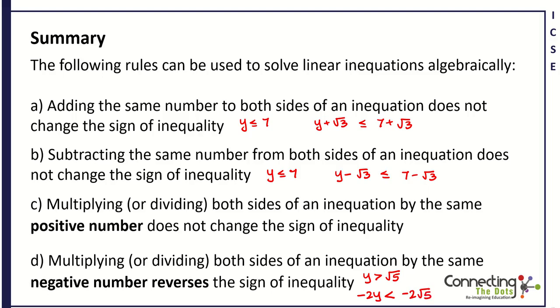I have multiplied both sides by negative 2, and what was greater than here has become reversed and has become less than. And that is the effect of multiplying or dividing both sides of the inequation by the same negative number. So these are the four conditions which we use to find solutions to linear inequations.